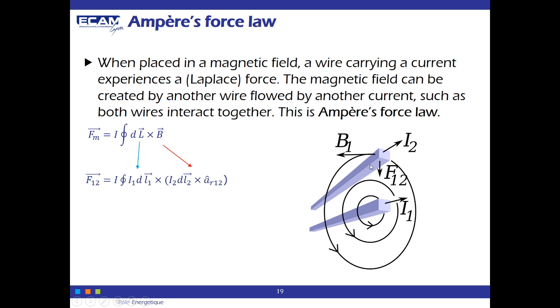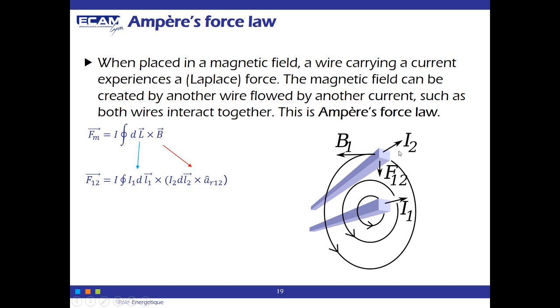So for the total force between conductive lines, if there is no external field source, each of these conductive materials will create a certain field. I1 will create B1, and B1 will affect the second conductor.